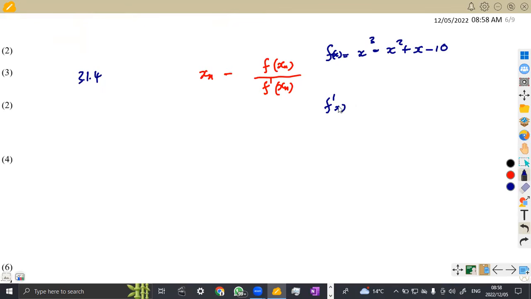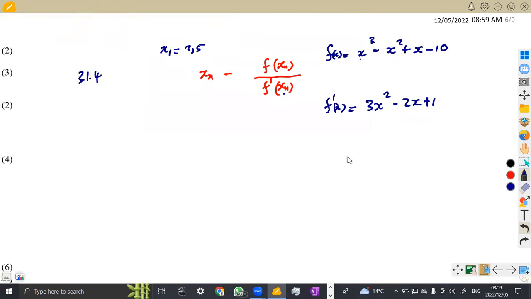We did this before, we got 3x squared minus 2x plus 1. Now our x naught, the first value, is 2.5. So that means we have to substitute 2.5 in f of x, then we substitute 2.5 in the first derivative. That is what it means, guys.